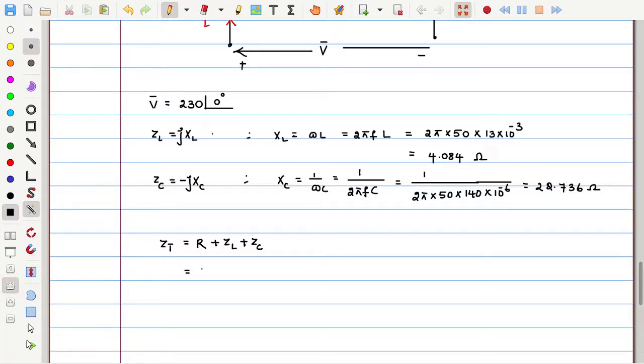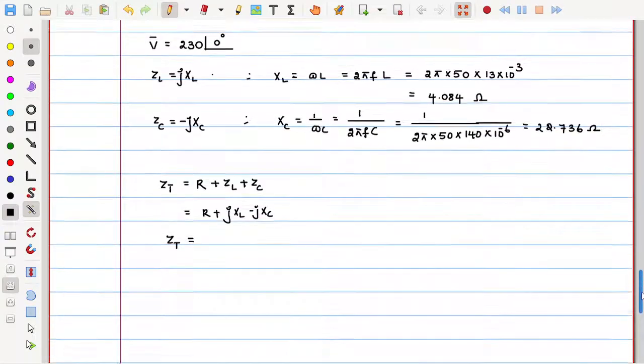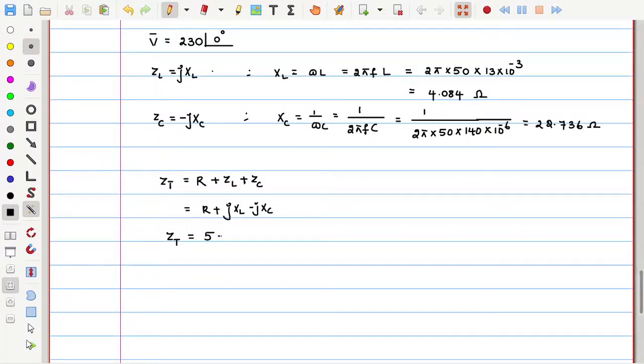Now if I put all these things together, what I will get is jXL minus jXC. If I simplify this entire total impedance by substituting all these values, R is 5, so 5 plus j, I can take j common, so how much is the XL? XL is 4.084. How much is the XC?